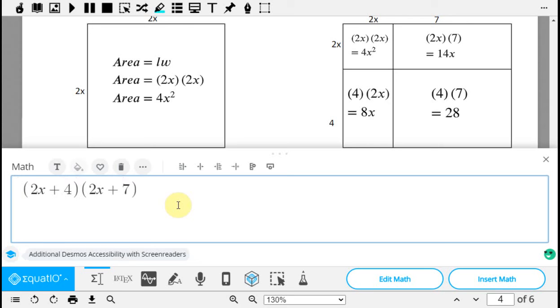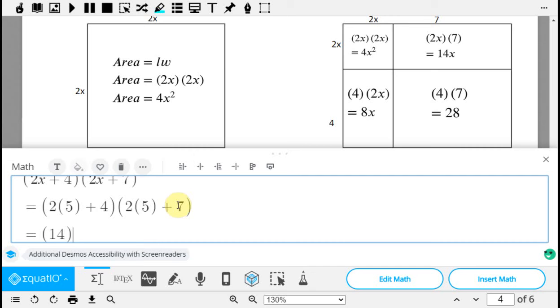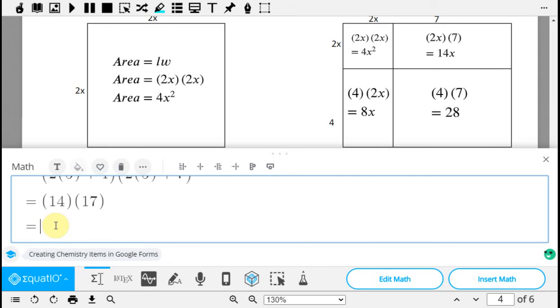And so we want to put 5 in for the x. 2 bracket 5 plus 4, and then 2 bracket 5 plus 7. Now we will simplify the brackets using BEDMAS. So 10 plus 4 is 14, and then 10 plus 7 is 17. That equals 238.